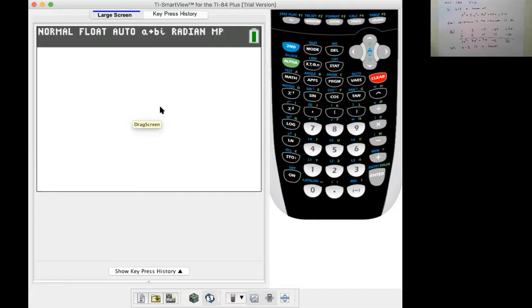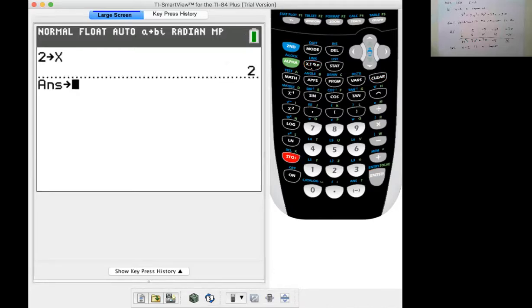So I'm going to say 2, store in x. Where is x? I need to adjust my screen here. There we go. X is here. 2 store in x. Enter. So now 2 is stored in x.